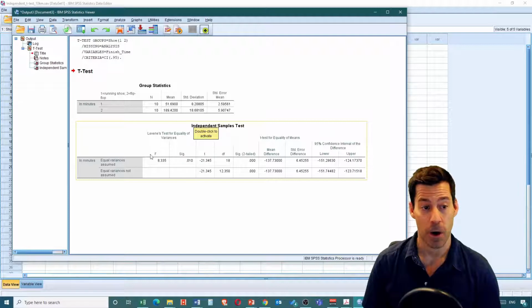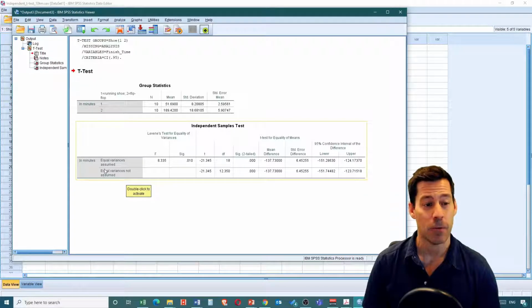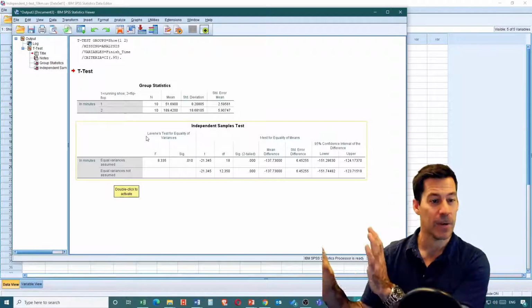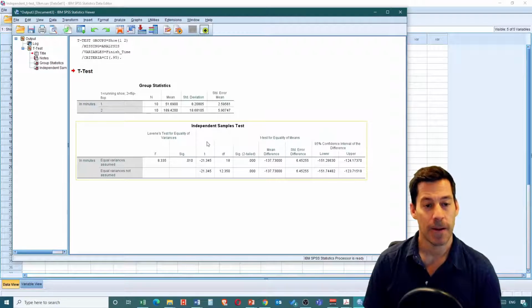So therefore, what we do is we see we've got 2 whole rows of data here. 1 for equal variances assumed and 1 for equal variances not assumed. So we're going to use the one under equal variances not assumed and look at our output. So now we can forget about Levene's test for equality of variances and look at what we've got. So starting here, we've got our T statistic.